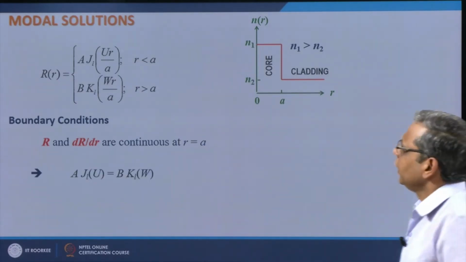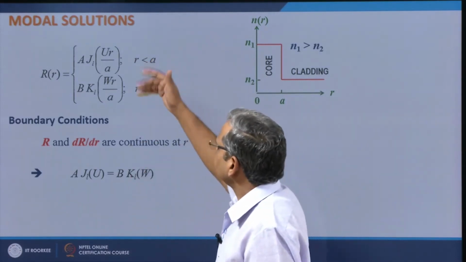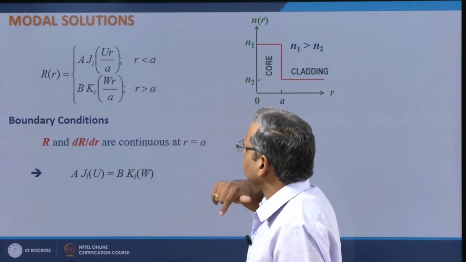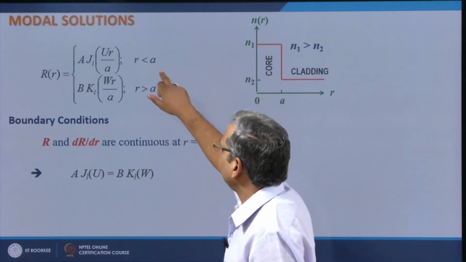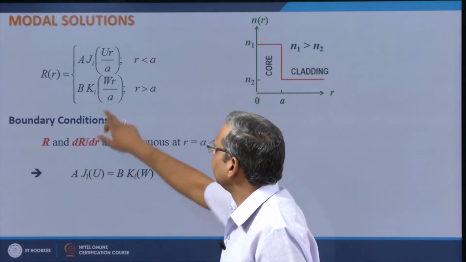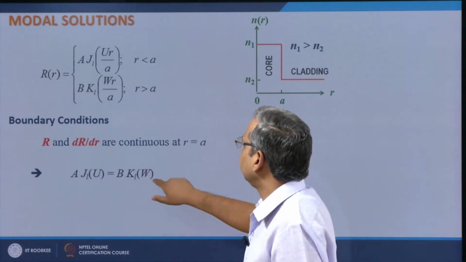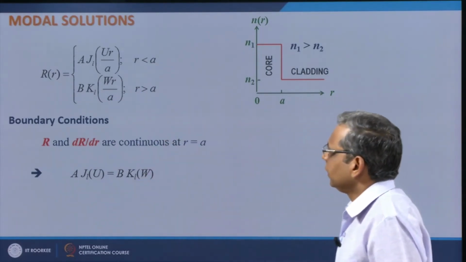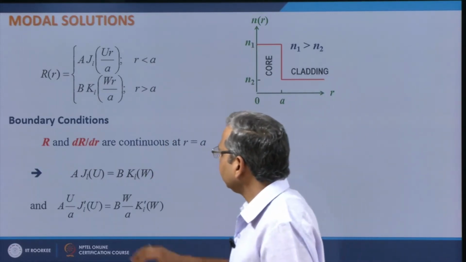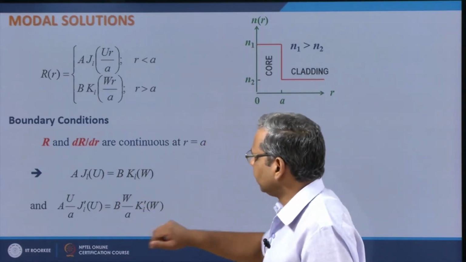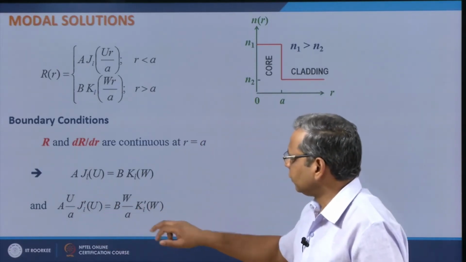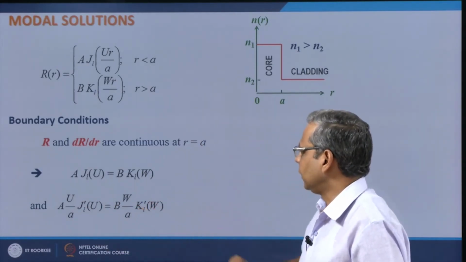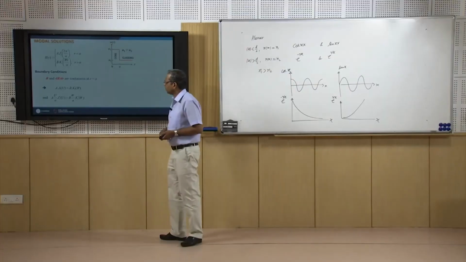If I put these here, the continuity of capital R at r equal to a gives A J_L(U) equal to B K_L(W), and the continuity of its derivative at r equal to a gives A U over a J_L prime(U) equal to B W over a K_L prime(W).